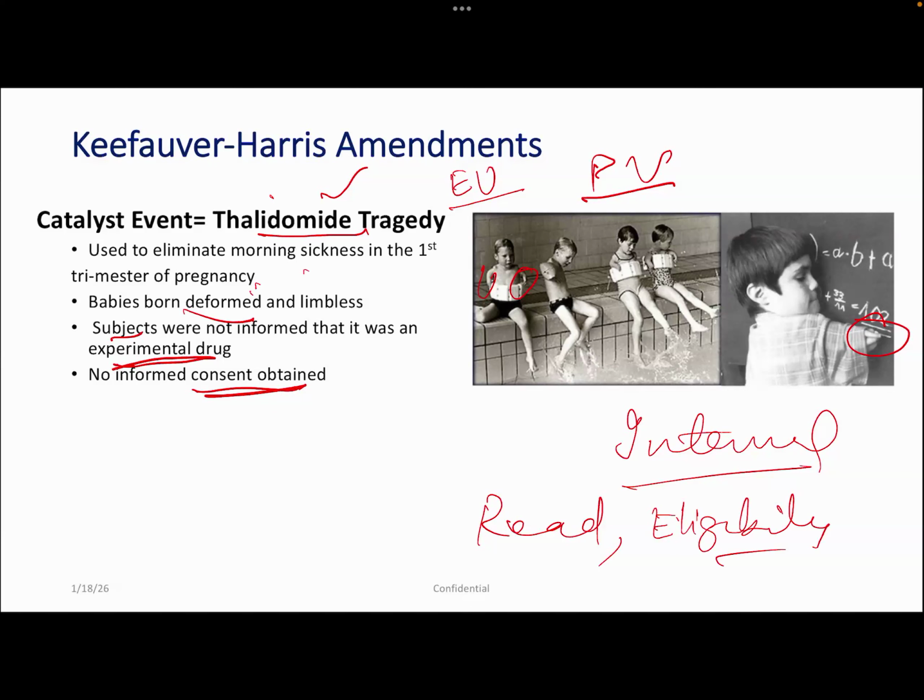Why? Because we don't know the impact of a drug on a fetus. On a surface level it looked like the drug was helping these women, but it was harming the fetus simultaneously.